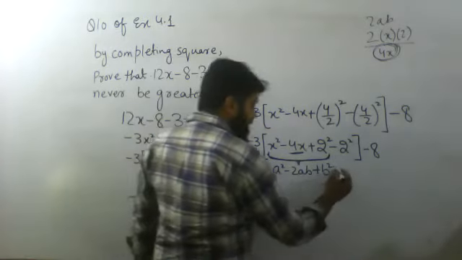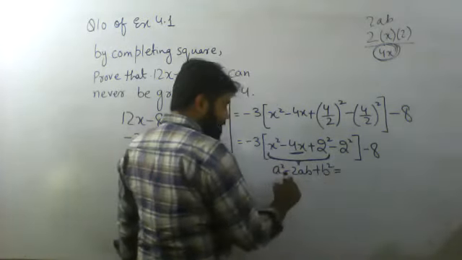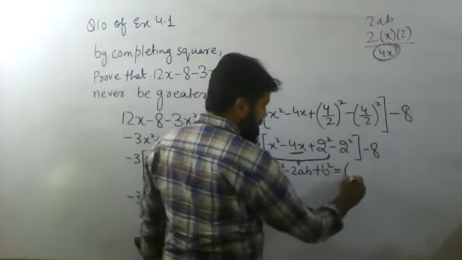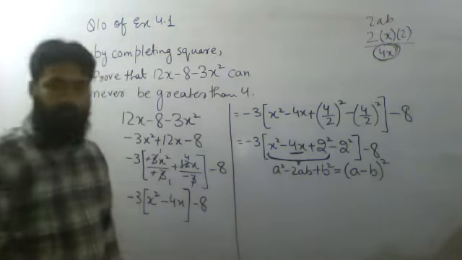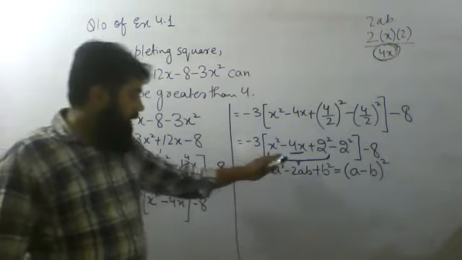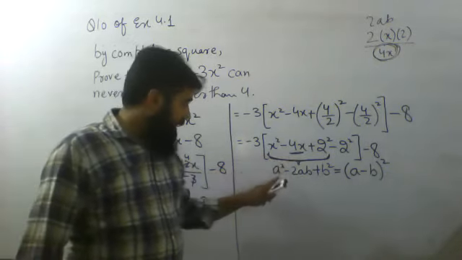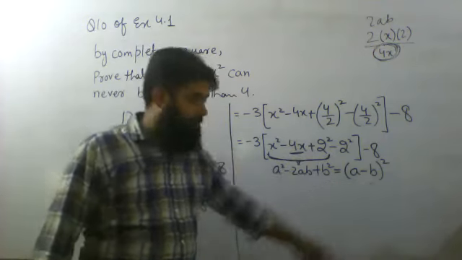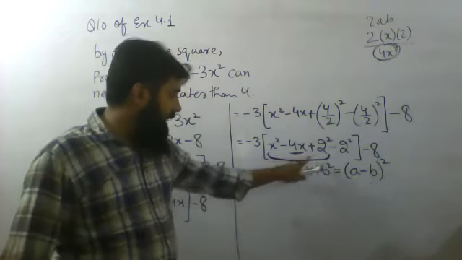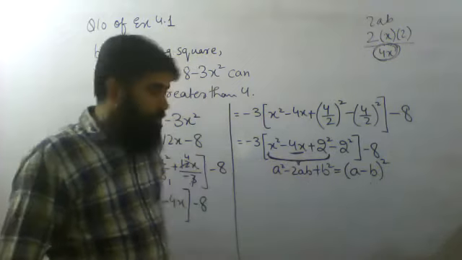Now, a square minus 2ab plus b square equals a minus b whole square. Okay, so if a square minus 2ab plus b square equals a minus b whole square, and I'm saying these three are representing this one, so what will I do?